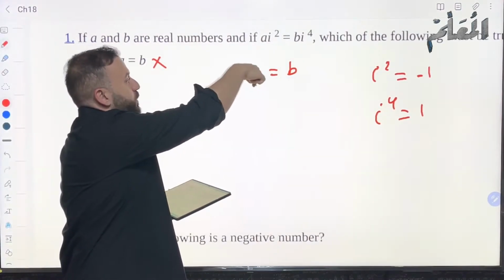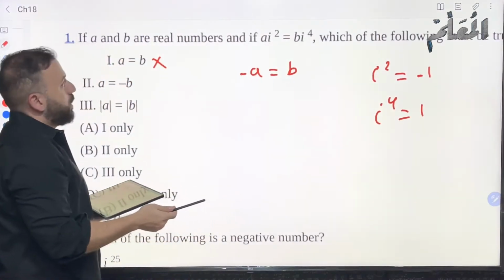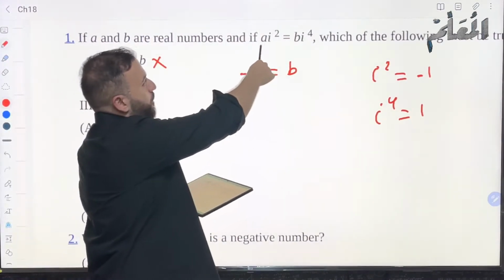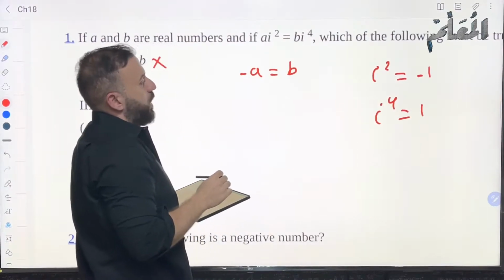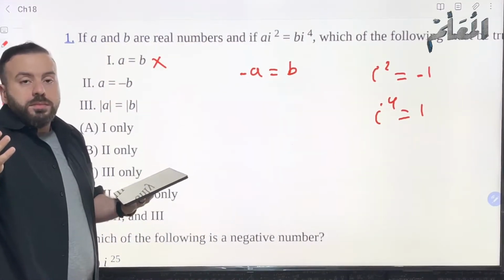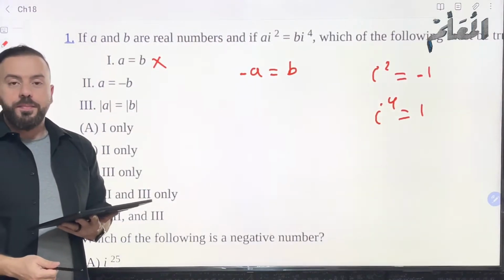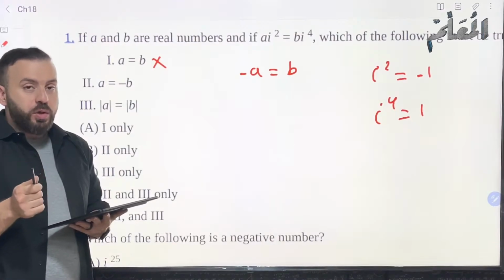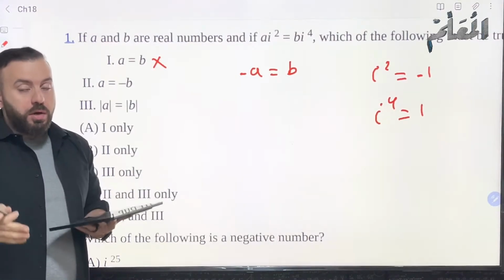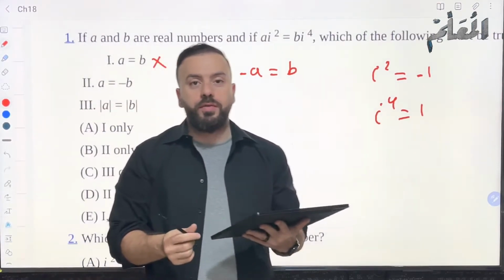Yes, if you put the absolute value, a is positive and b is positive, so they can equal each other. So we have choice 2 and choice 3. Remember chapter 1, the absolute value removes the negative sign, and the output is always positive.